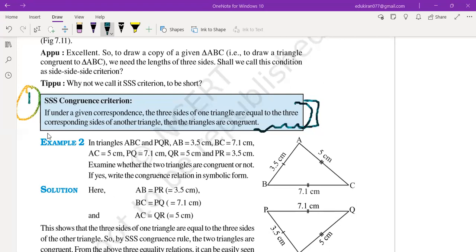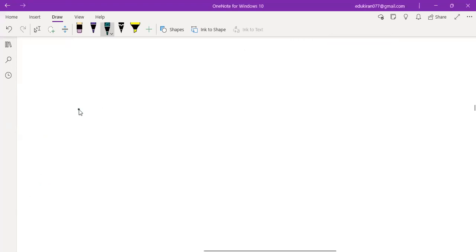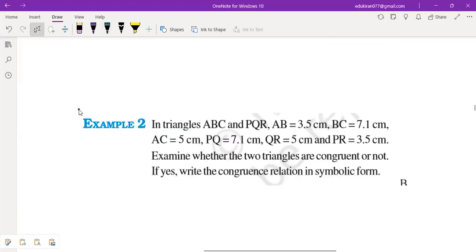Now I will tell you how to utilize this while doing the question. So this is your question. Over here, they have not given you any figure.